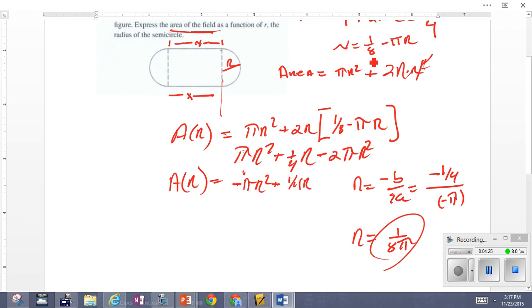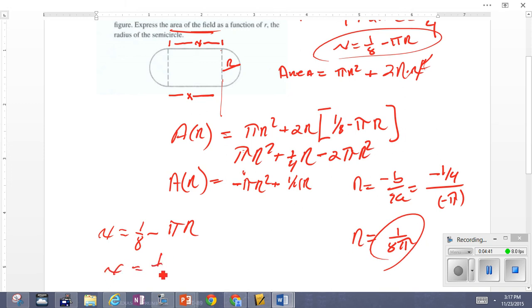Well, if you come back up here, we have x is equal to 1/8 minus pi r. We just determined r is 1 over 8 pi. Now look at this. This is very interesting.